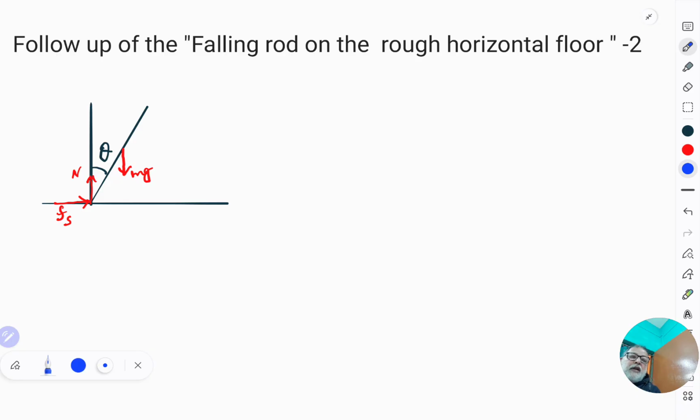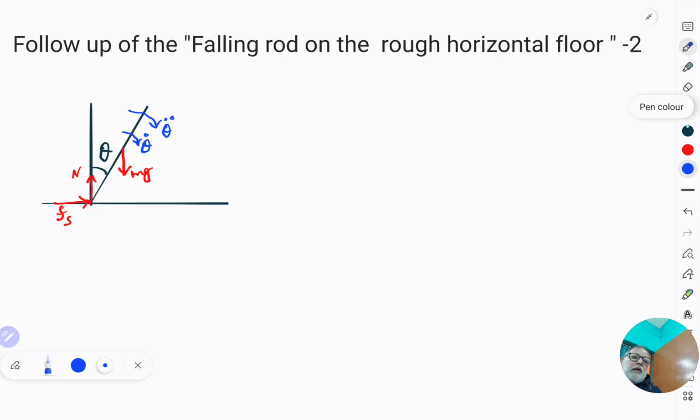Also, we said that at this instant its angular velocity is theta dot and angular acceleration is theta double dot. We would like to find out N. Our question is how much is N as a function of theta.